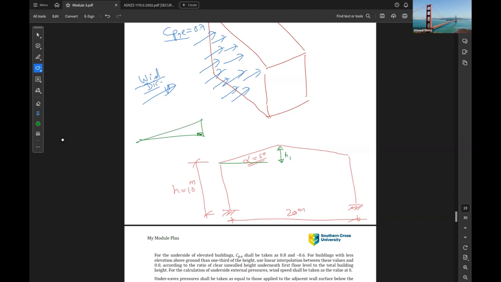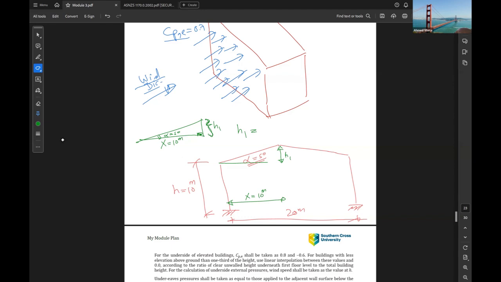So we have alpha equal to 5 degrees, and let's say x is 10 meters. So this value is H1. How can we find H1?